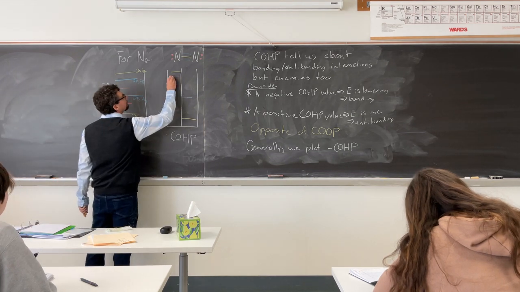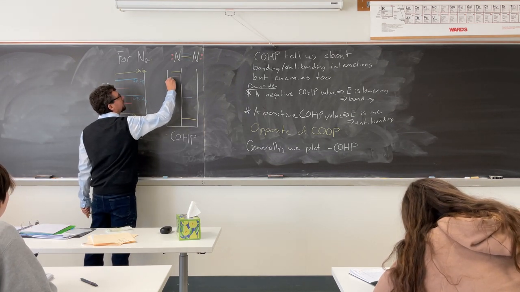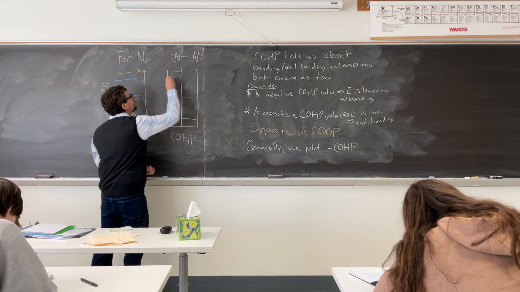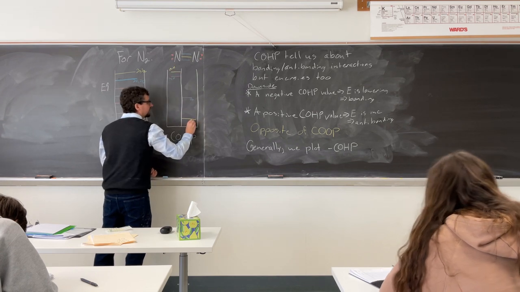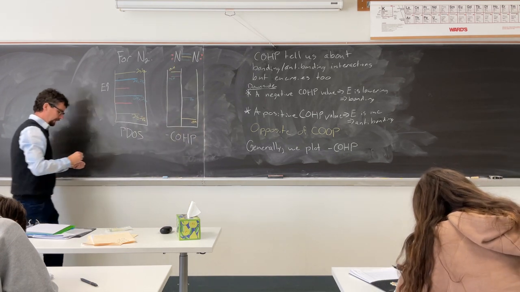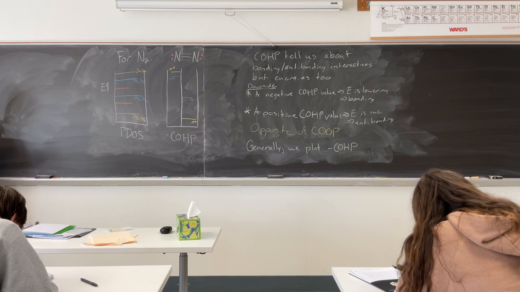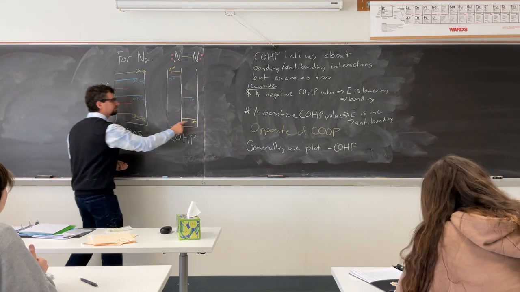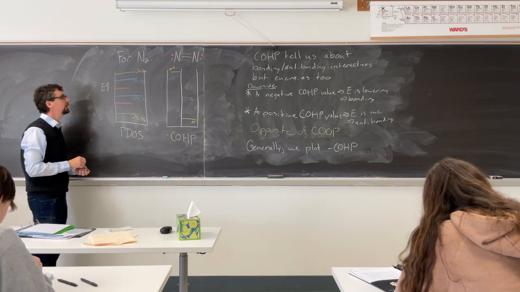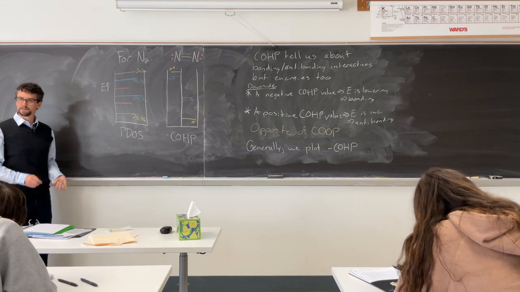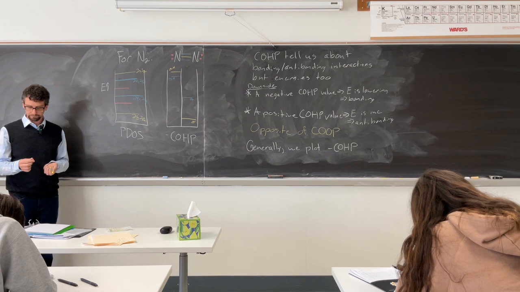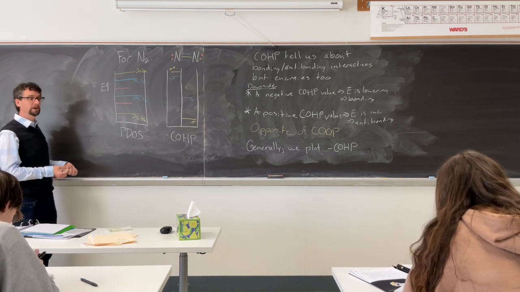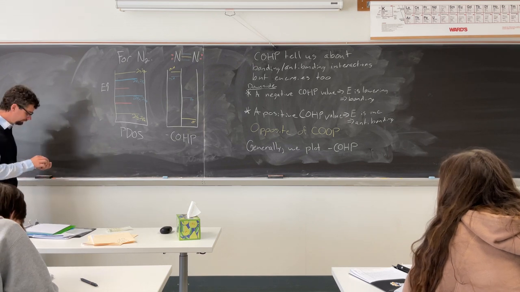Yep. So there's our pi star, our pi, sigma star, sigma. What about the lone pairs? Sigma star is on bottom. That's a sigma, yeah. Not a sigma star, I'm sorry. What about the lone pairs? Non-bonding, do they show up here? No. Nope, don't show up.